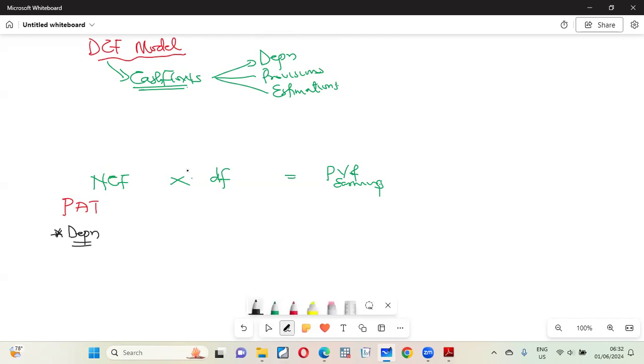Then another trick is the discount factor. There are two types of discount factors. We have the post-tax discount factor and we have the pre-tax. I've told you in your course in doing corporate reporting and FR already that in FR and CR, we don't use the post-tax discount factor.